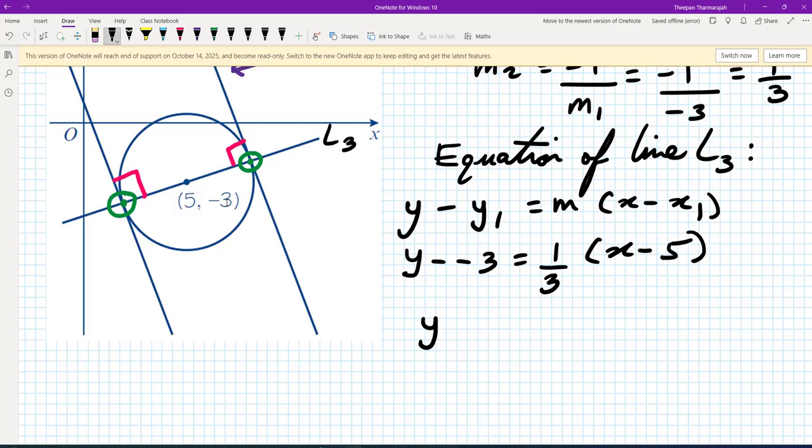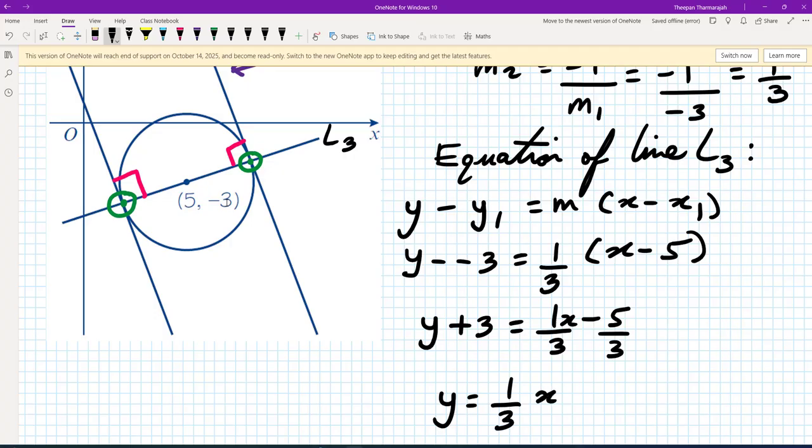So y + 3 is equal to a third of x minus 5 over 3. Now we're going to simplify this down, so we get y = a third of x, minus 5 over 3, minus 3. Don't forget this 3 is 3 over 1, and we can only add or subtract fractions if we have the same denominator. Hence I'm going to multiply that by 3 on the top and bottom.